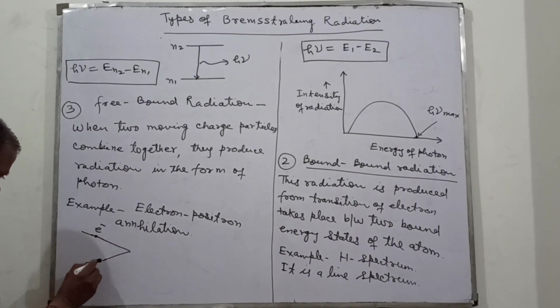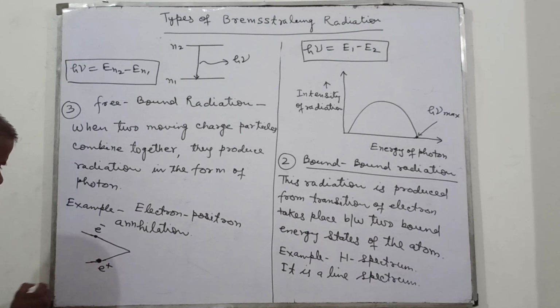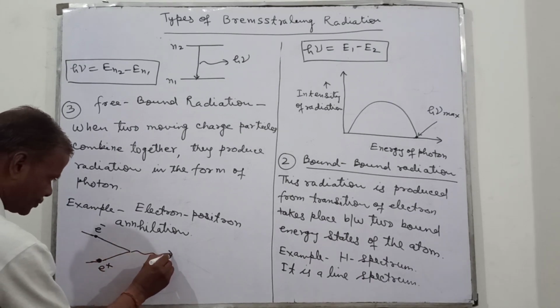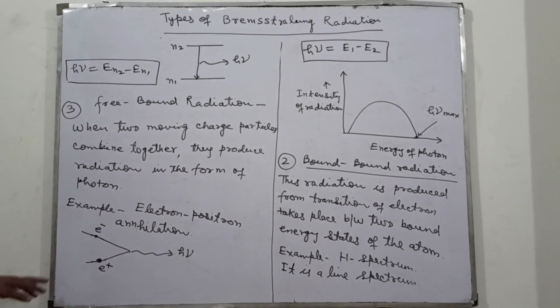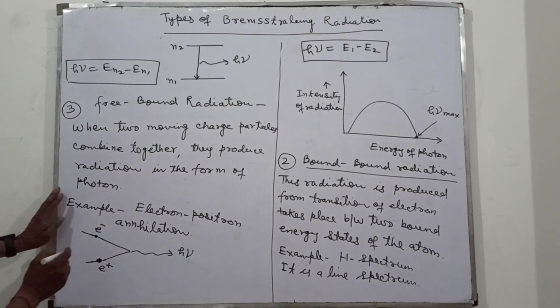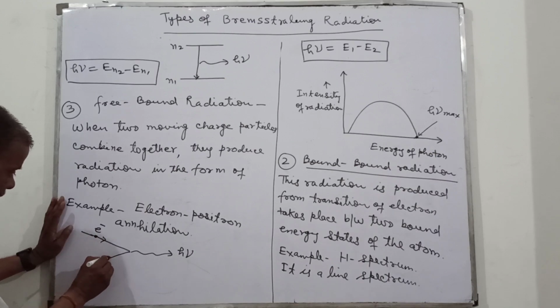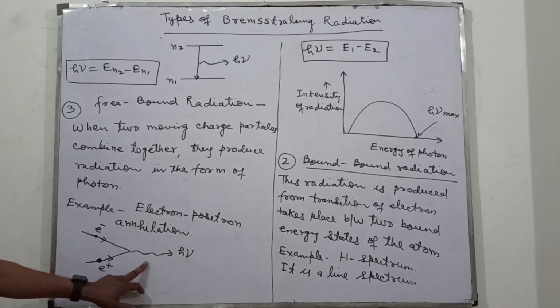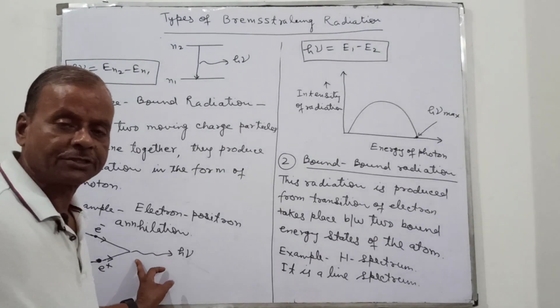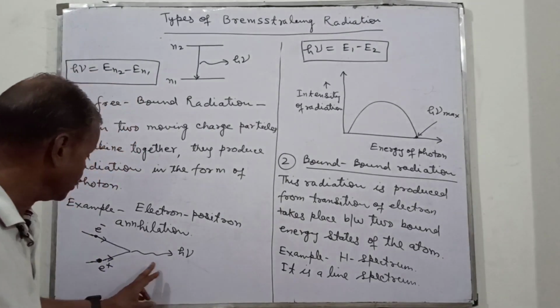Here this is the electron, this is the positron. They annihilate and produce photon. So the energy of these two moving charged particles, they annihilate at this point, and the energy is produced in the form of photon. So this is h nu.